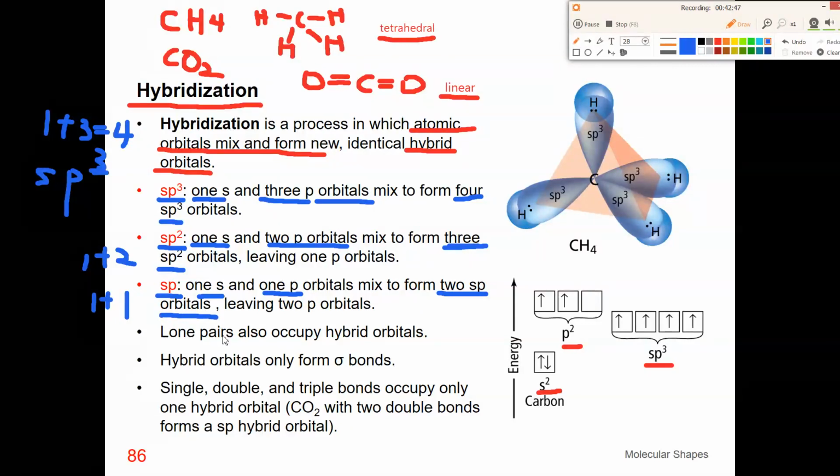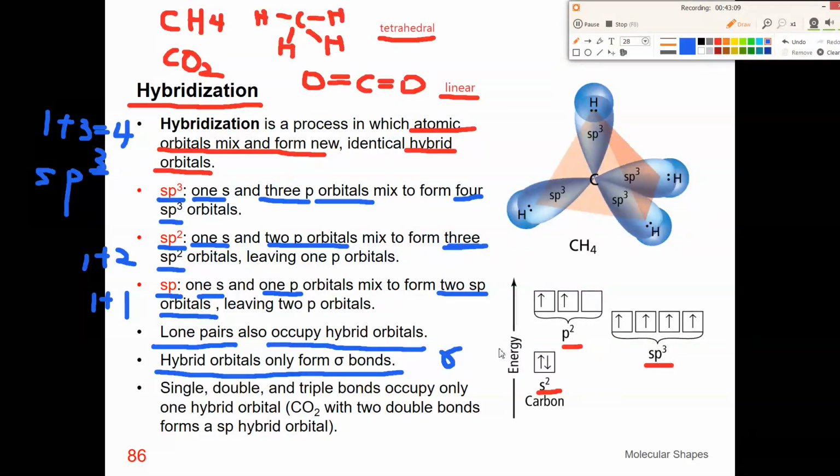Okay, lone pairs sometimes also occupy these hybrid orbitals. We'll talk later about what a lone pair is and how lone pairs are involved in these hybrid orbitals. Because hybrid orbitals only form sigma bonds.